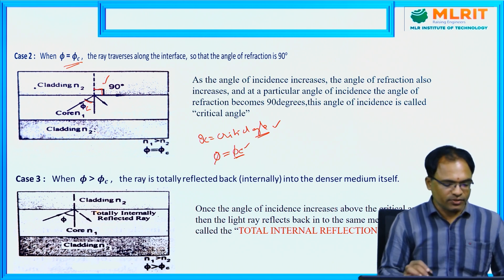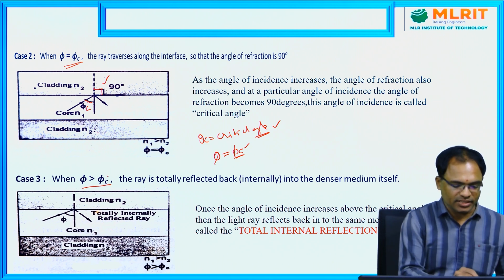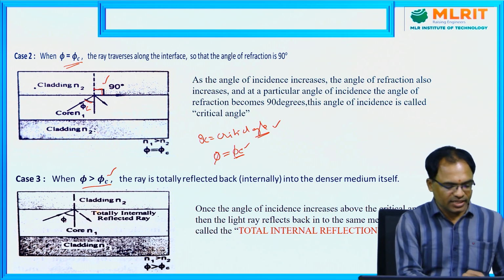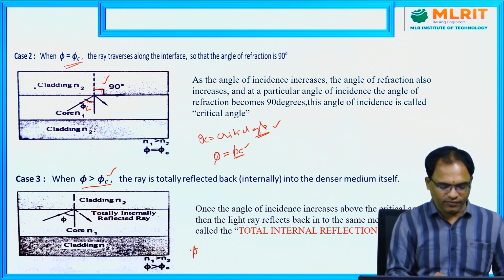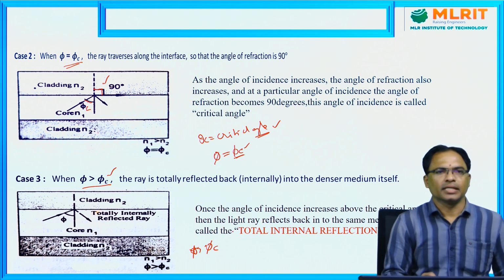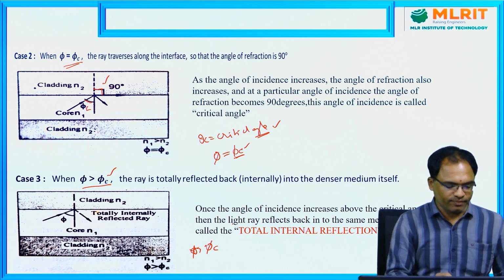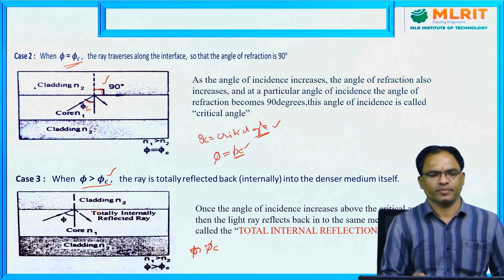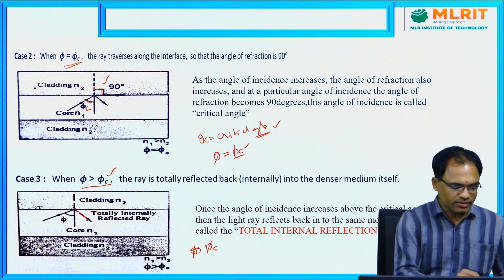Now, what happens when we further increase the angle of incidence at the core cladding boundary? When the angle of incidence is greater than the critical angle, instead of refraction into the second medium, the light ray simply reflects into the same core medium.